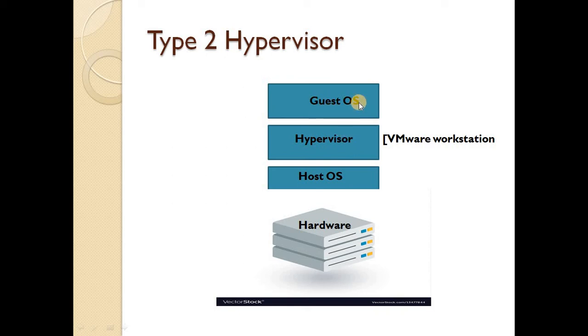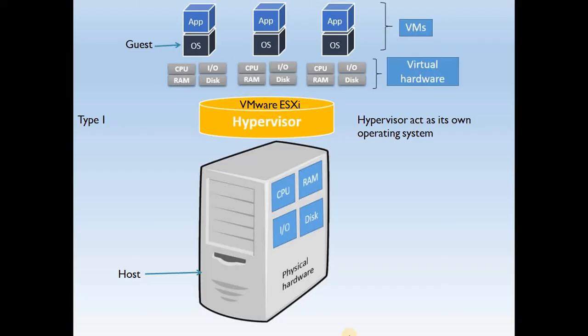That means all these guest operating systems will depend upon the physical setup of your host operating system. That's a difference. That means in type 2 hypervisor, the guest operating system will not have direct access to the physical device like we have over here.